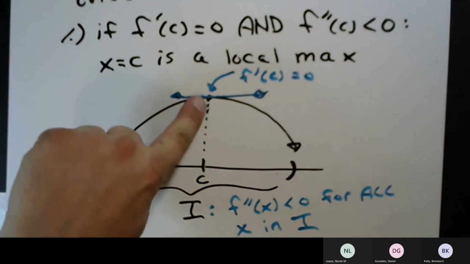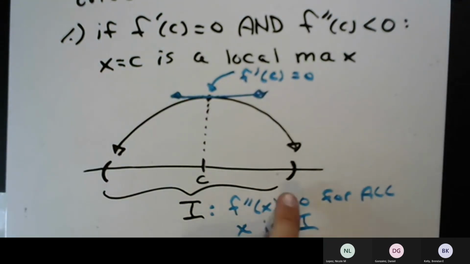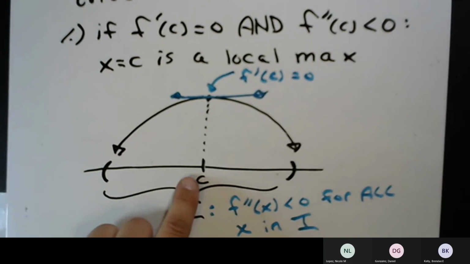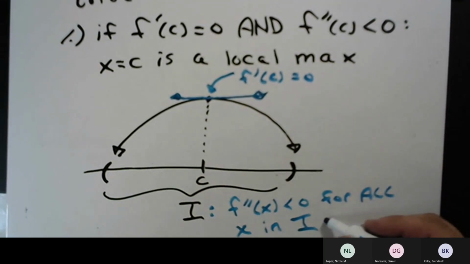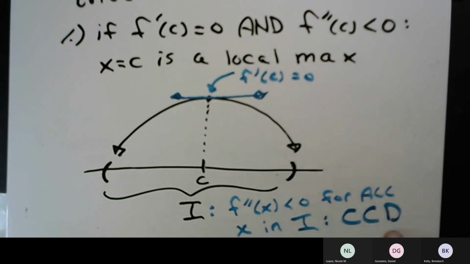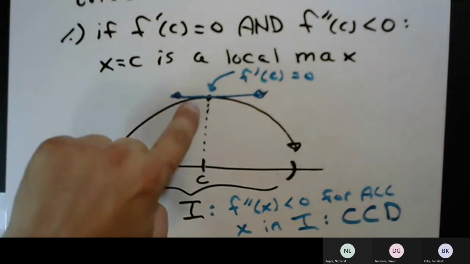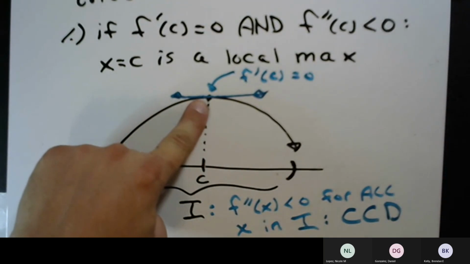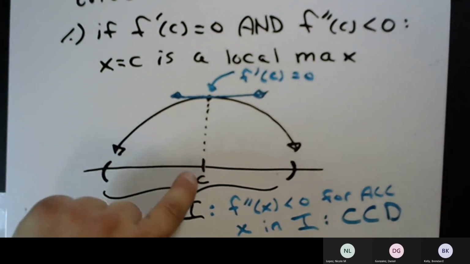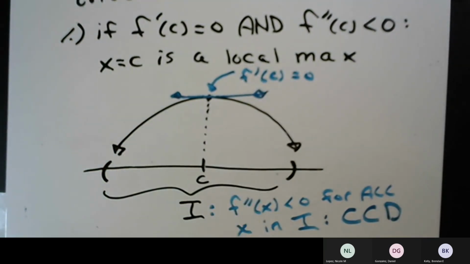We're going to find where this has a first derivative of 0, and then we're going to determine, is this concave up or concave down on this interval I? And if it's concave down, and we have the tangent slope at the same point c equal to 0, this means we have a max.